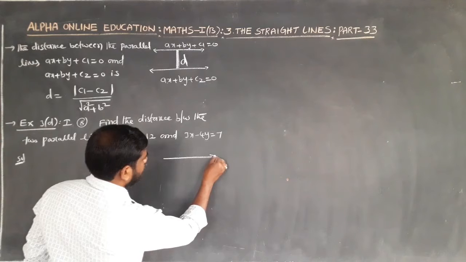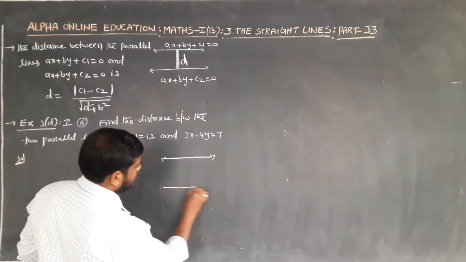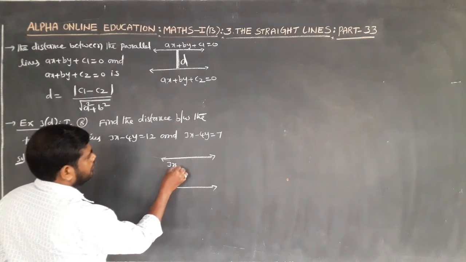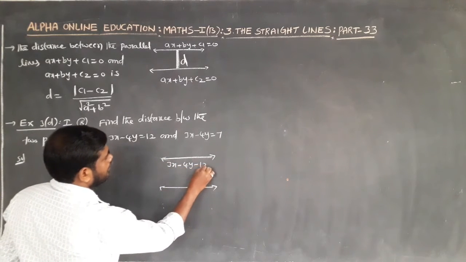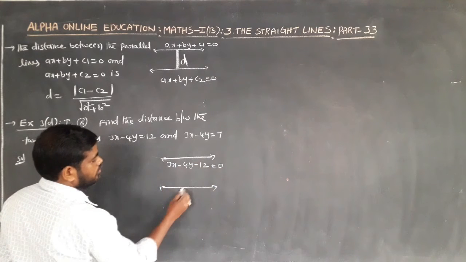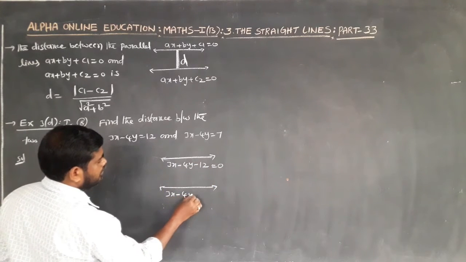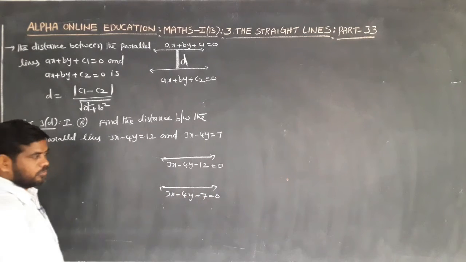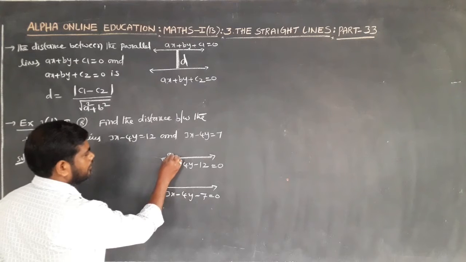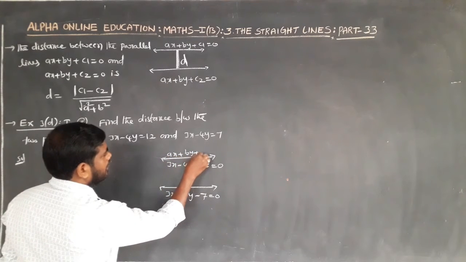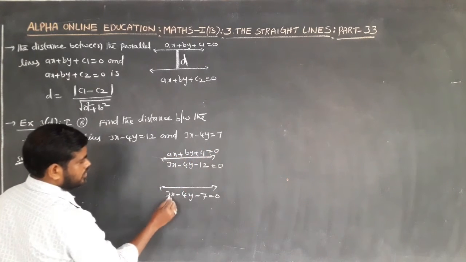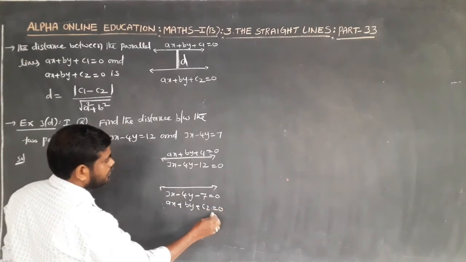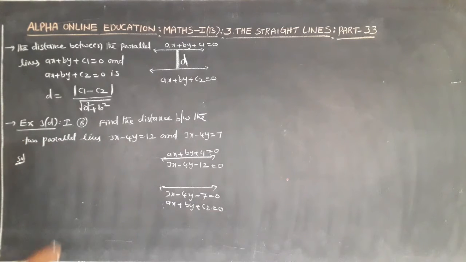This is the first line, this is the second line. The first line is 3x minus 4y minus 12 = 0. The second line is 3x minus 4y minus 7 = 0. This is the first line Ax + By + C1 = 0, this is the second line Ax + By + C2 = 0.